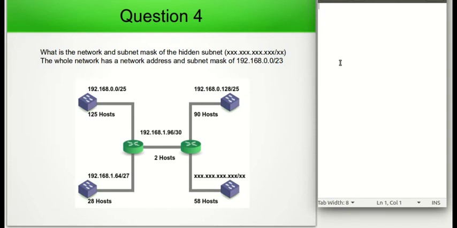So in this case, 192.168.0.0/23. A /23 mask in decimal is 255.255, so 8 plus 8 is 16 binary ones, followed by 7 binary ones, which is 254.0, which gives us an increment of 2.